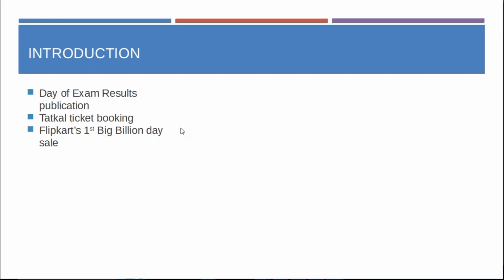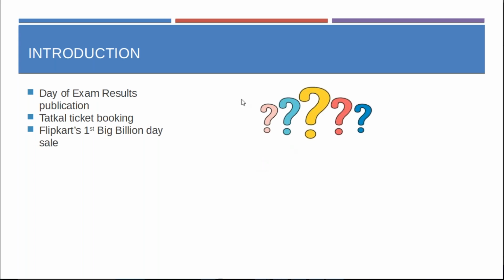It is also difficult to get the tickets, right? But getting the tickets and accessing the application are two different things. I'm referring to accessing the railway booking application during Tatkal ticket booking. Flipkart's first Big Billion Day sale. So when you think of these pointers, what questions or ideas come to your mind? I would like to hear from you all.